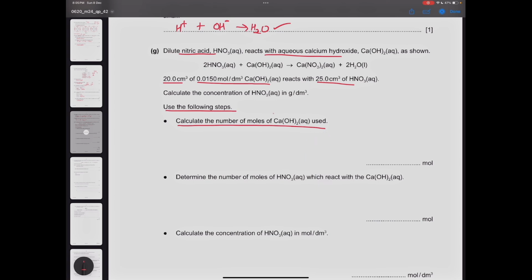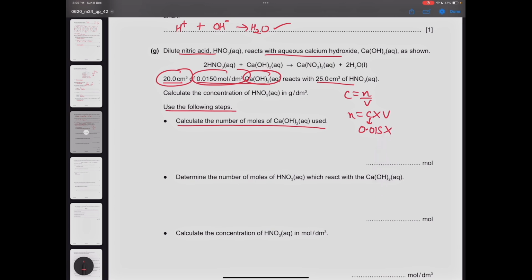So, for calcium hydroxide, you know the concentration, you know the volume. Just make sure you convert cm cube into dm cube. So, divide 20 by 1000, it will convert into dm cube. Then you know that concentration is equal to moles over volume, right? So, moles will be equal to concentration times volume. Concentration is how much? 0.015.